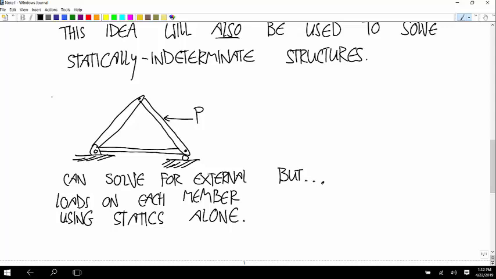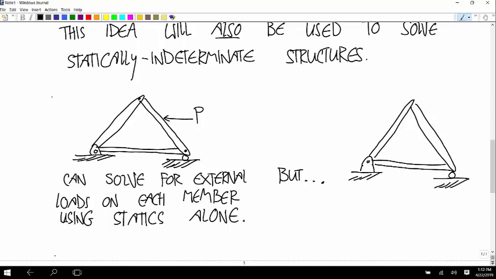But now let's take that same structure and apply that same force over here, but let's say we also put a member like this.